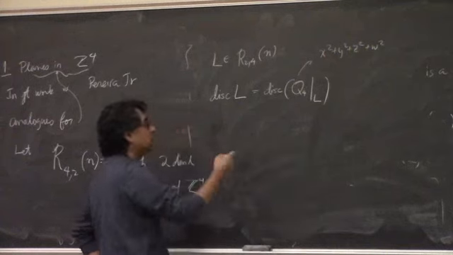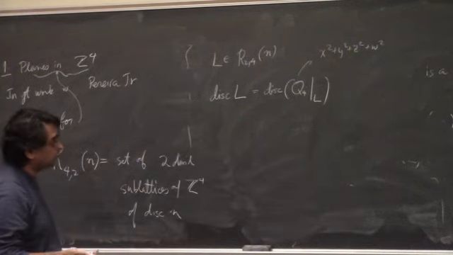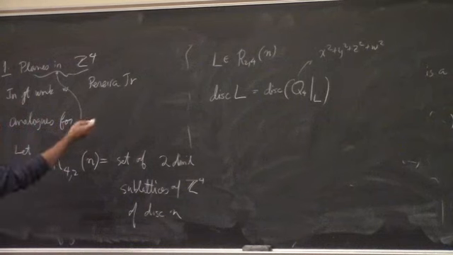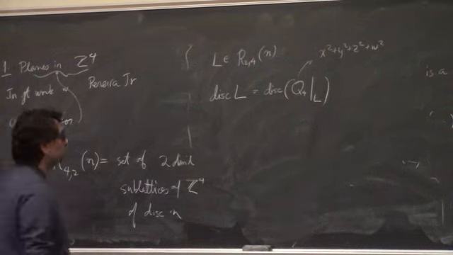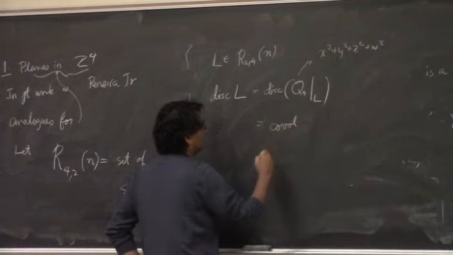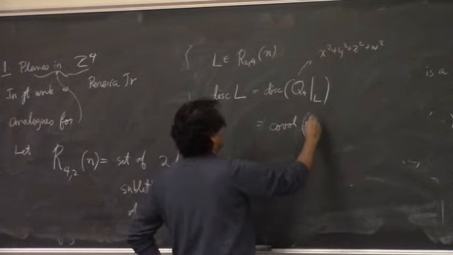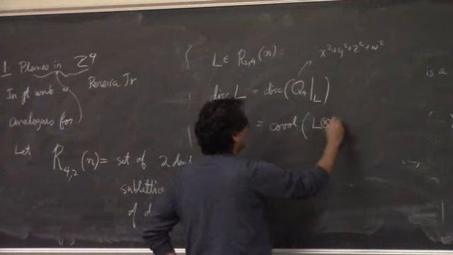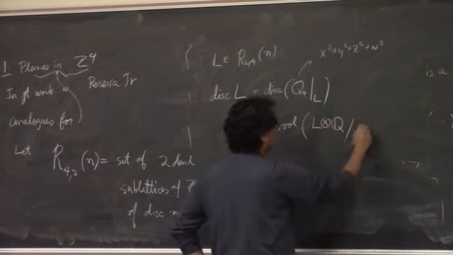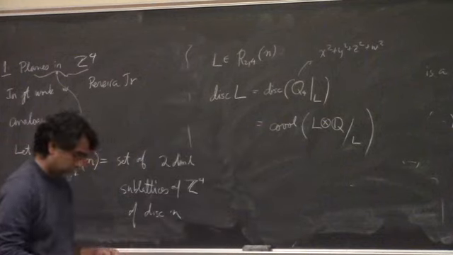You restrict that to this two-dimensional space, you get a binary quadratic form, and the discriminant of that binary quadratic form is what I'm calling the discriminant of this sublattice. Or it's the covolume of L tensor Q modulo L, squared.